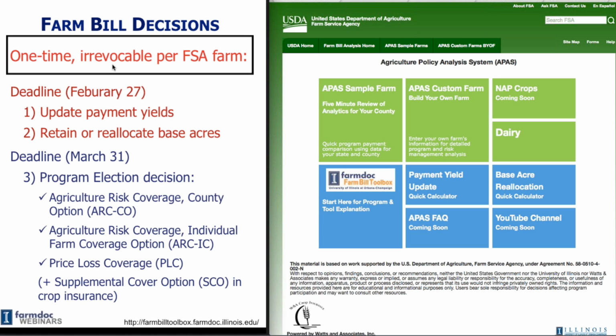But it's not a decision that needs to be made next week, for example. So we have a few months on both of these deadlines. And now is the time to educate yourself about these options, educate those you work with about these options, and either gather your own information or help those that you're working with gather the information they need to make that informed decision.